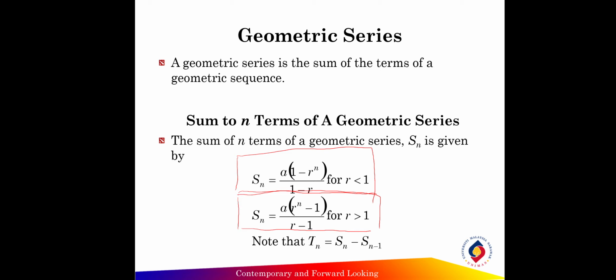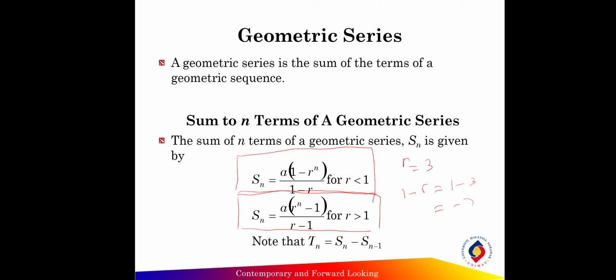Why do you have to use two different formulas? Because we want to make sure the denominator is always positive. So for example, if you have r equal to 3 and you wrongly use the denominator 1 minus r, you will get 1 minus 3.